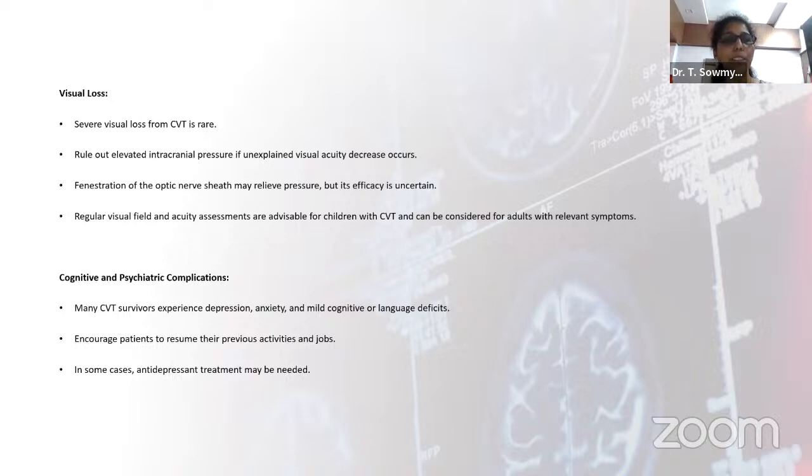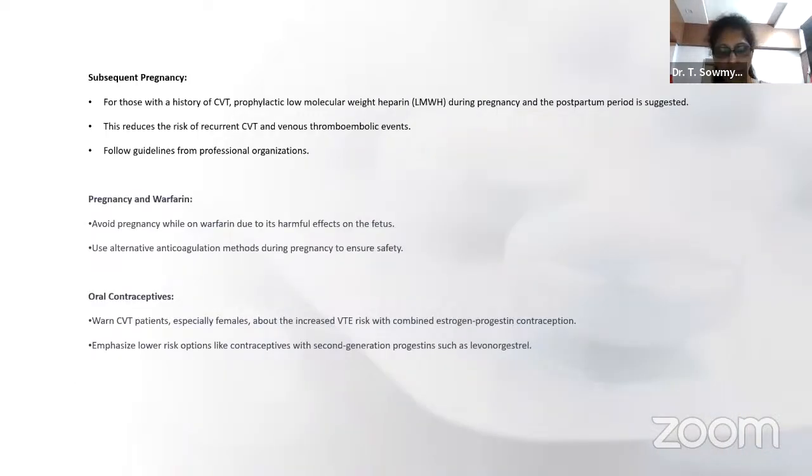And coming to patients with cognitive and psychiatric complications, we need to encourage the patients so that they resume their activities and jobs, and antidepressants to be given if needed. And regarding subsequent pregnancy, for those with a history of CVT, prophylactic low molecular weight heparin during pregnancy and the postpartum period is suggested, which reduces the risk of recurrent CVT and venous thromboembolic events.